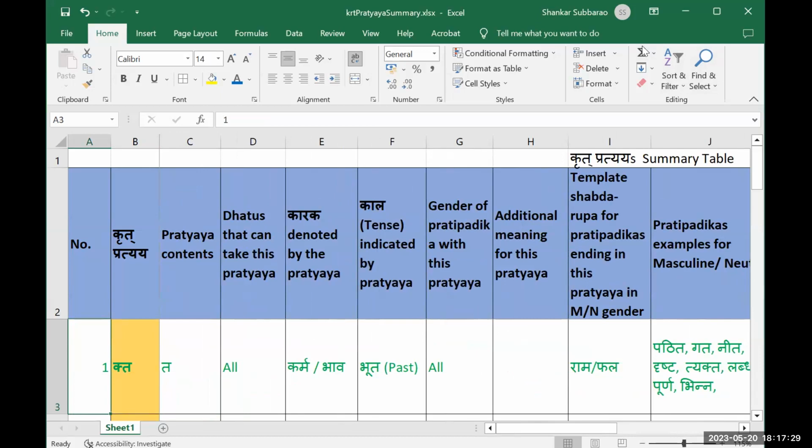Now let me say this to you. In your mind, when you understand a pratyaya, you want to look at it in 2 ways. Any pratyaya. One is the meanings that the pratyaya can give. The meaning part. The second you look at is the form part. What form will come when you add that pratyaya?